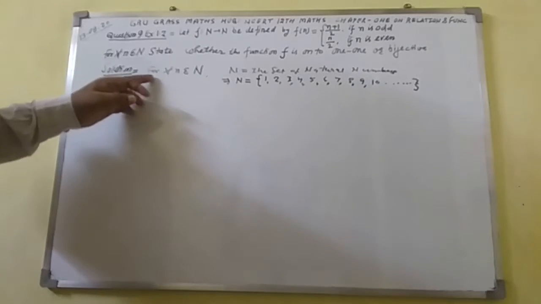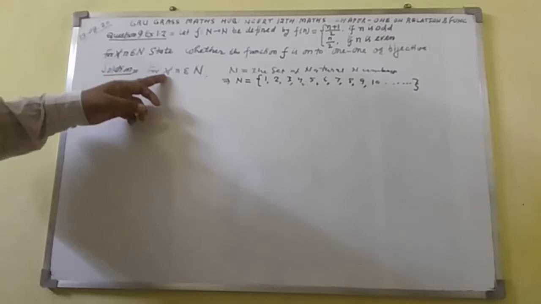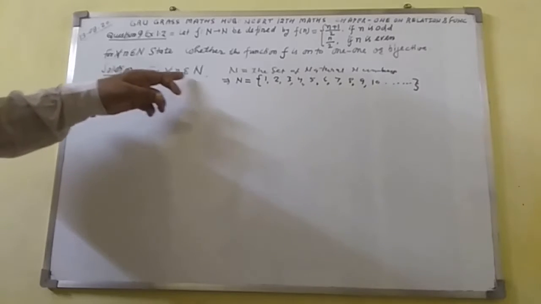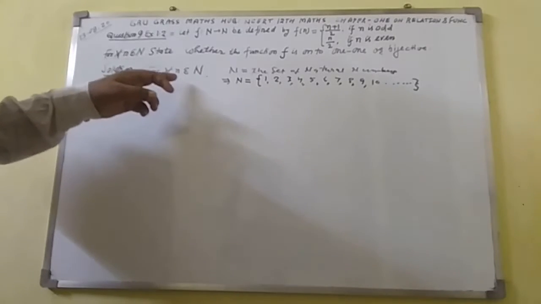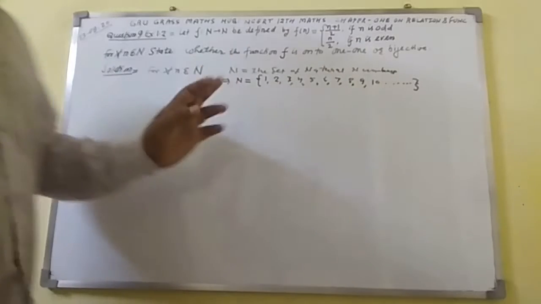Here it says, for all small n belonging to capital N. This means that small n will be taken from these members.